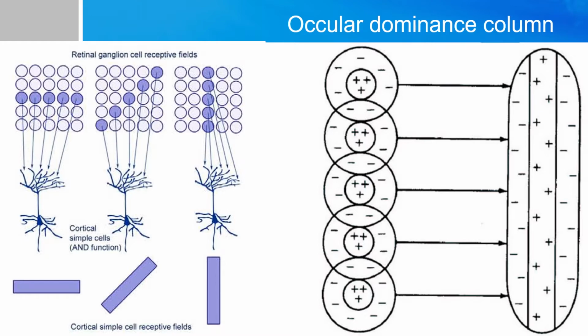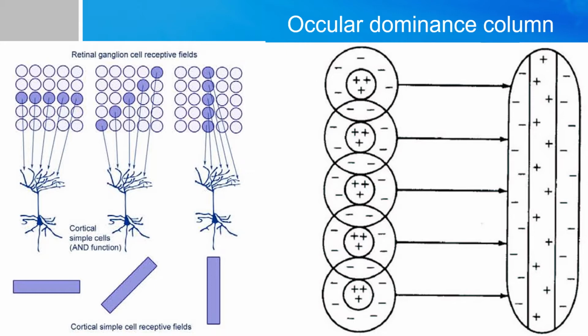Now let's talk about visual processing in the cortex. Recall earlier that we talked about the retinal ganglion cells, the center surround receptive fields, taking on a circular shape. That's depicted by the pictures on the top left.